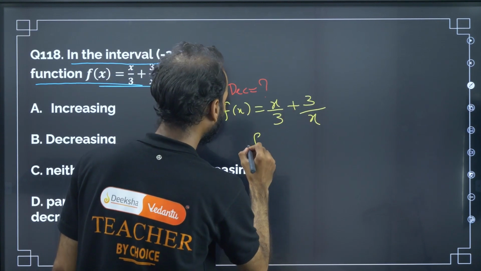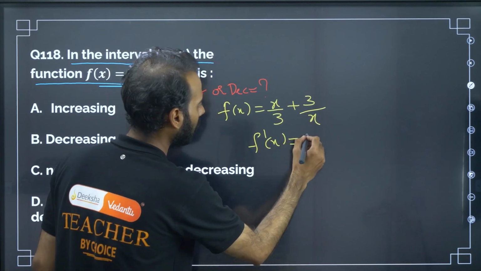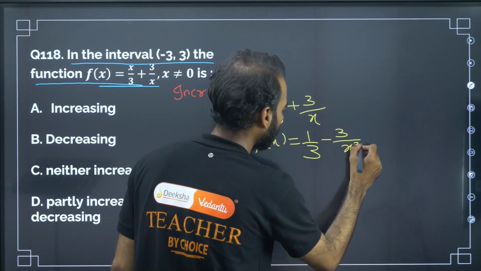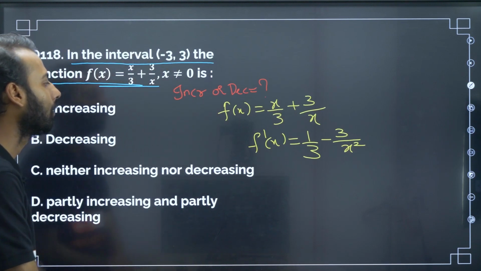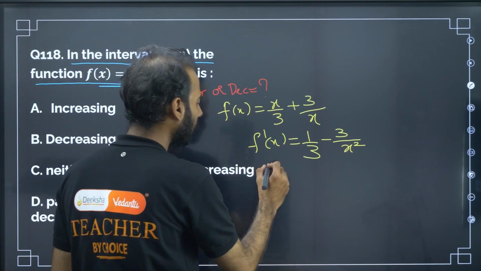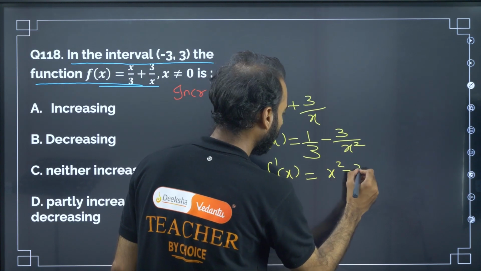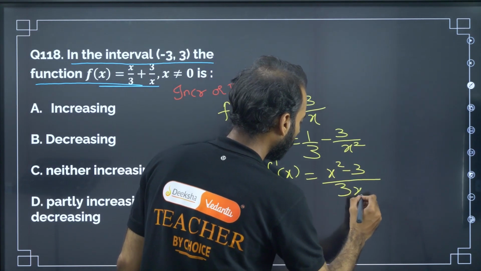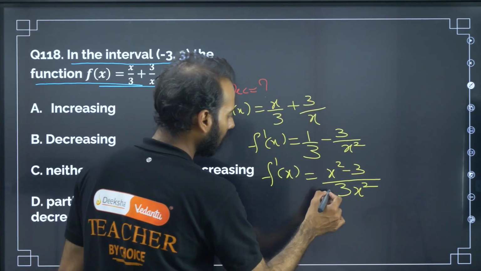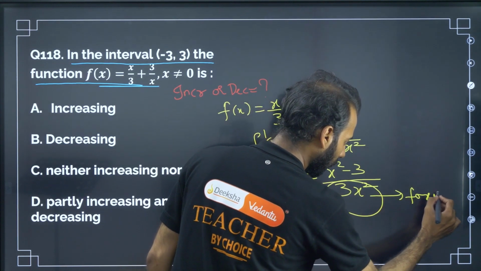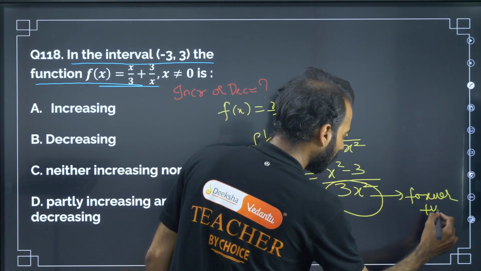So f dash of x is 1 by 3 and this negative 3 by x square, differentiation. Now if I take LCM, f dash of x is equal to x square minus 3 by 3 x square. The denominator is forever positive.